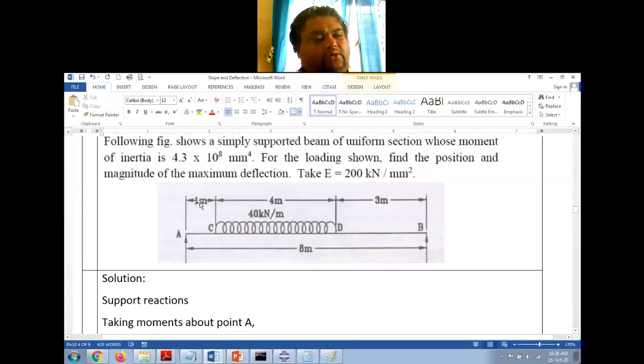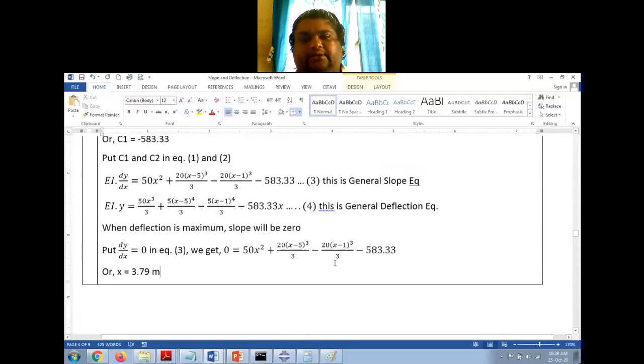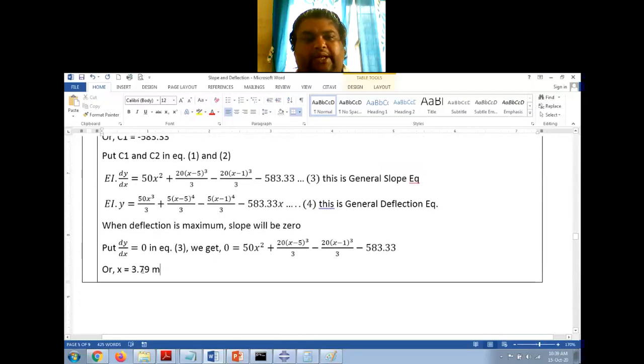If you subtract 1, 2.79. So it is somewhere here, right? Somewhere here you will be having the maximum deflection. So that is justifiable. If you are getting the value of x as less than 1 or more than 5, then you have to check back your calculation. You might have done something wrong. So here I am getting in between that point. So this is fine for me.